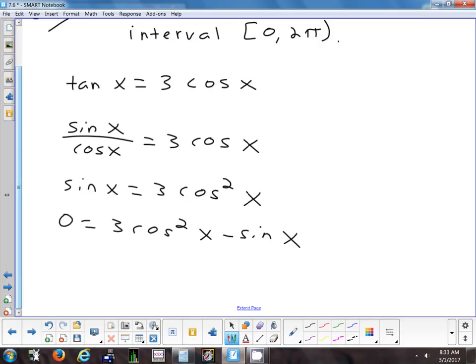Still not exactly the way we want. What do we have to substitute for? You have to put 1 minus sine squared in for cosine squared. So 1 minus sine squared.